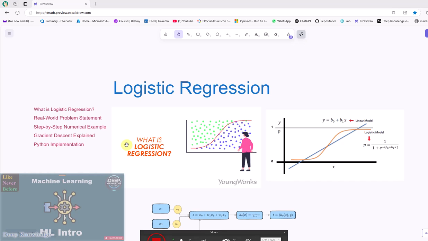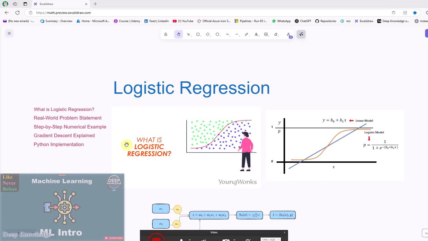Both algorithms are supervised learning, but in linear regression the target or class label is a continuous value, whereas with logistic regression the target variable is categorical. So logistic regression is supervised learning for classification, which is used for binary classification.